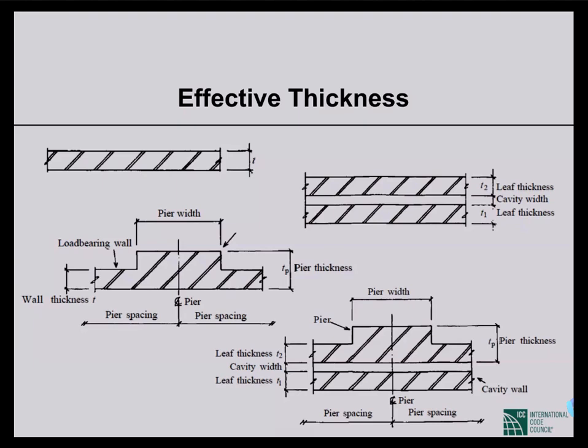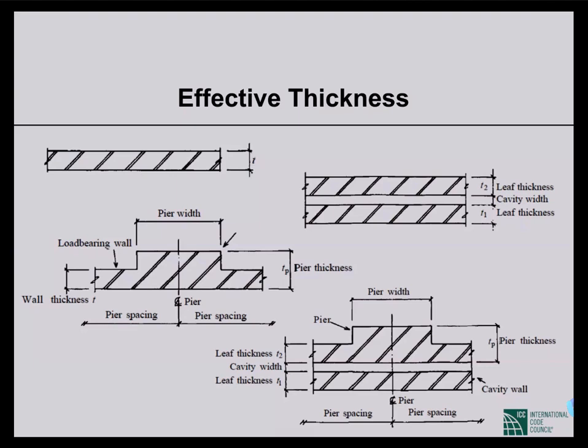In different standards, it is termed in different ways. Even in our code, sometimes it is called width, sometimes it is called limb, and in other standards it's called leaf. So we have two limbs or widths or layers of brickwork and cavity in between. This is called cavity wall.